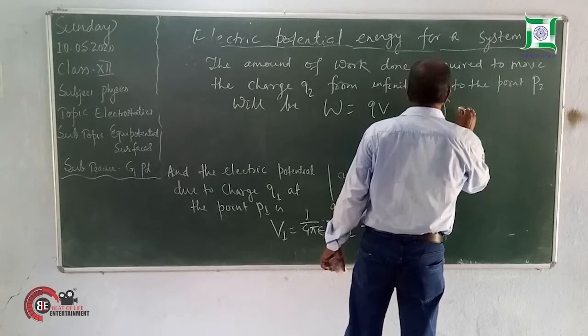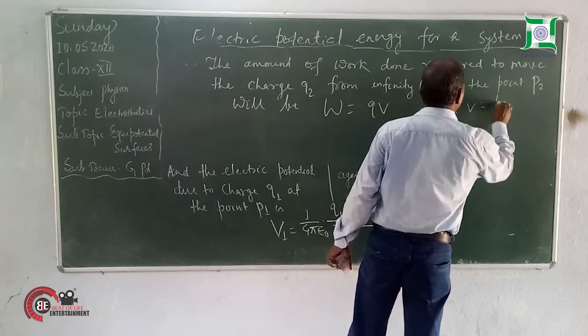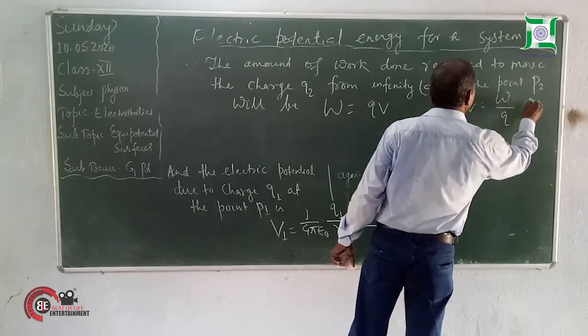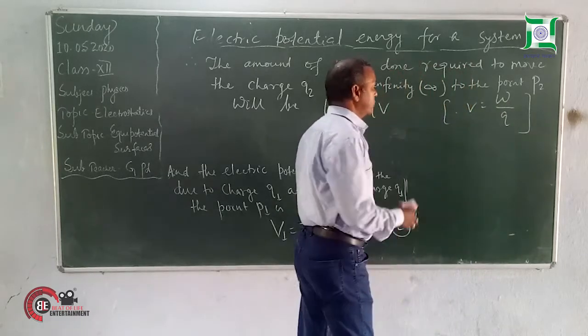Since V is equal to W by Q, work done per unit charge.